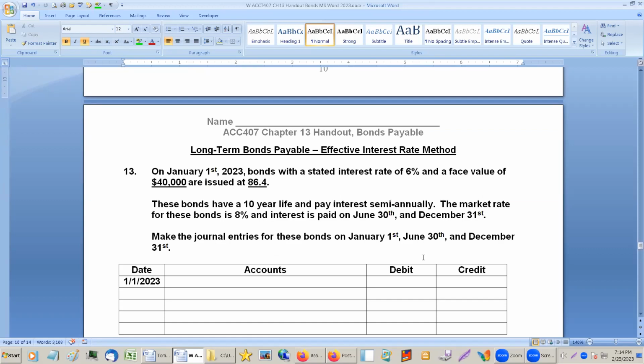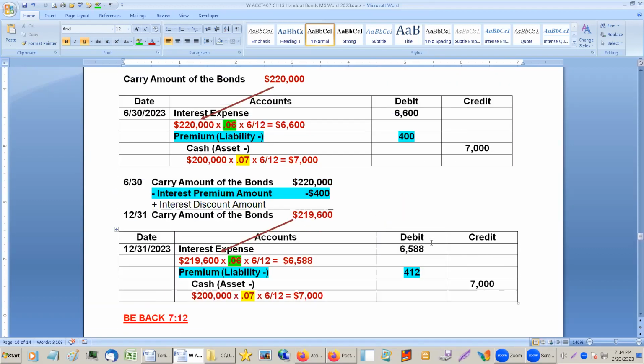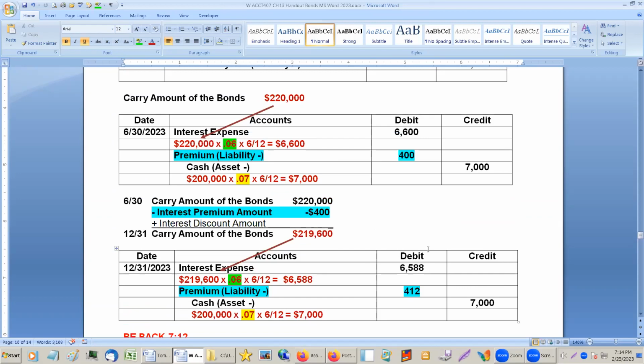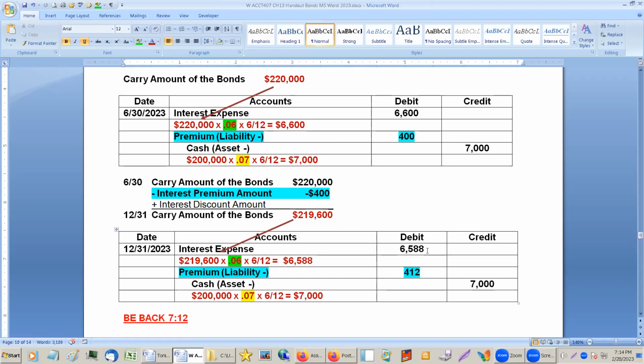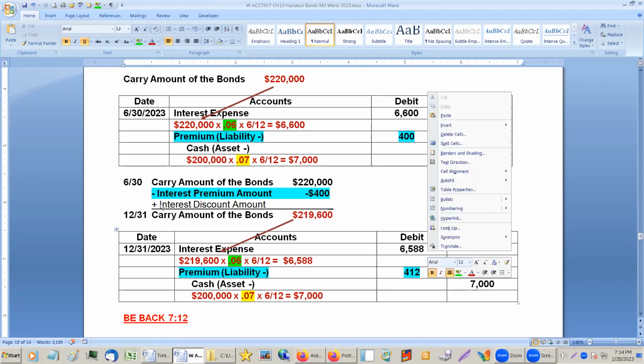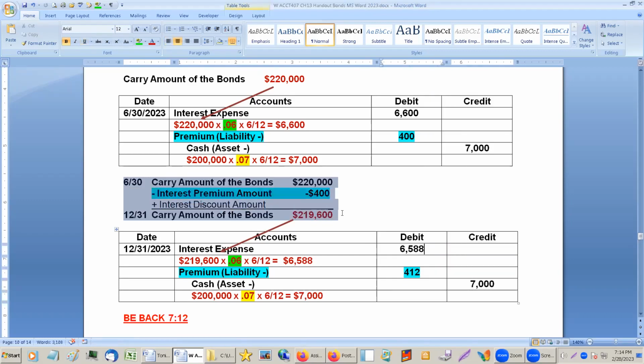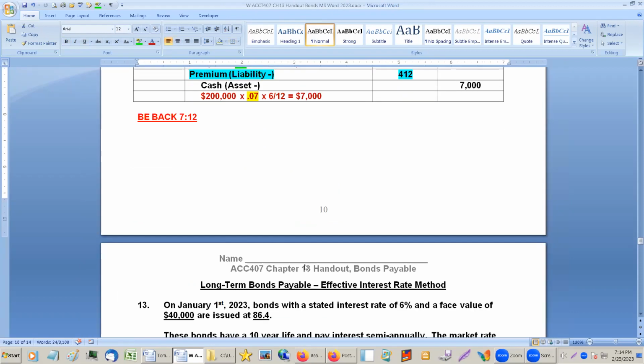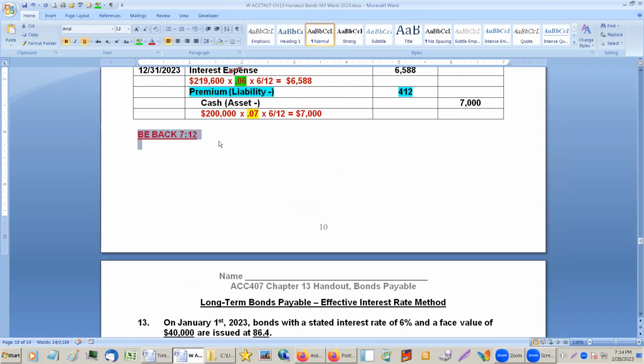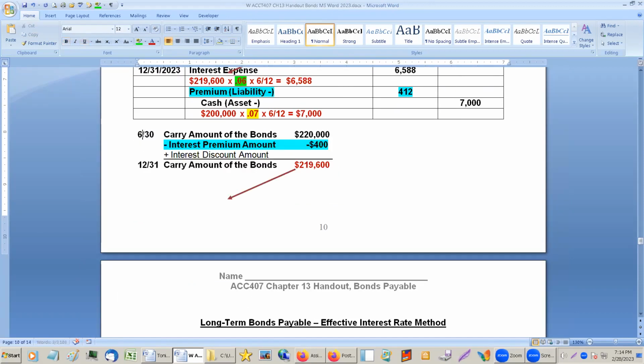I was going to ask that, Professor, but you just said it. So the carrying amount for June 30th, 2024, the following year, would be 219 subtract the 412, right? Exactly. Yes, you're right, June 30th. So this would be 219, subtract the 412.